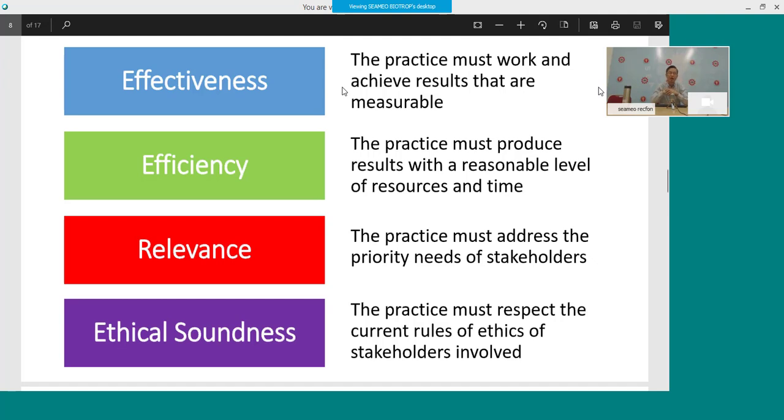Okay? Now, let's talk about ethical soundness. Ethical soundness means that your practice respects the current rules and ethics of stakeholders involved. For example, in Indonesia, are there regulations or beliefs in Islam that you cannot do in urban agriculture?